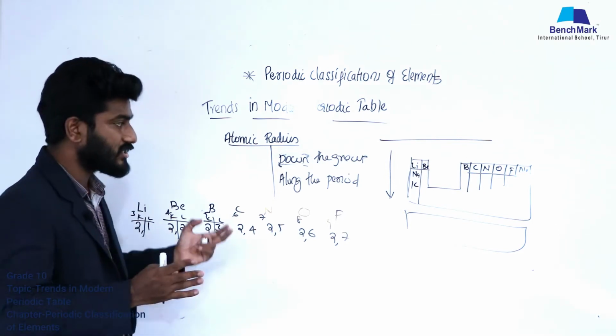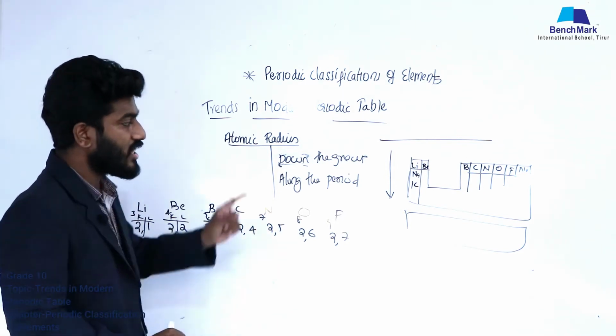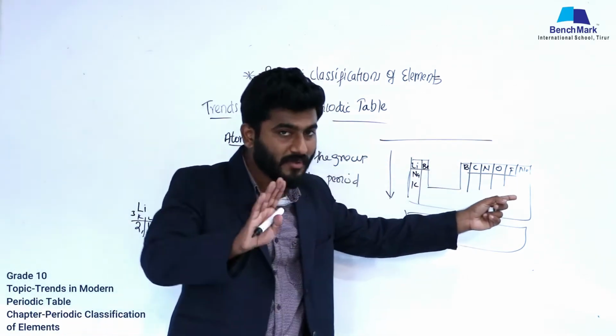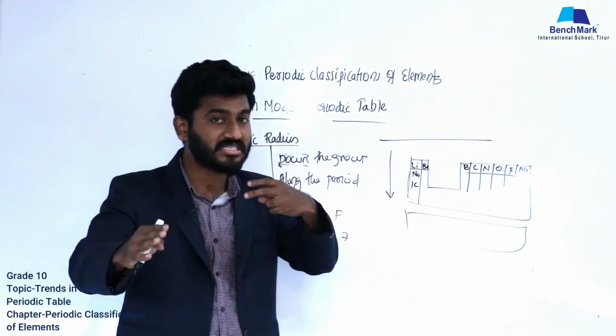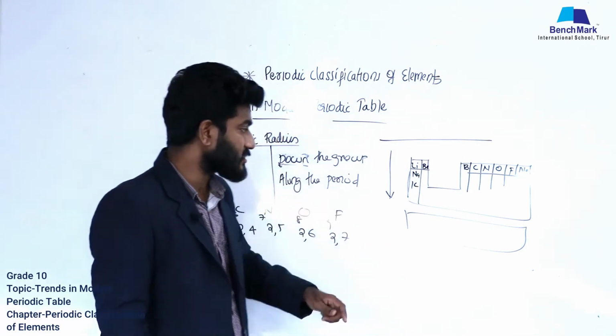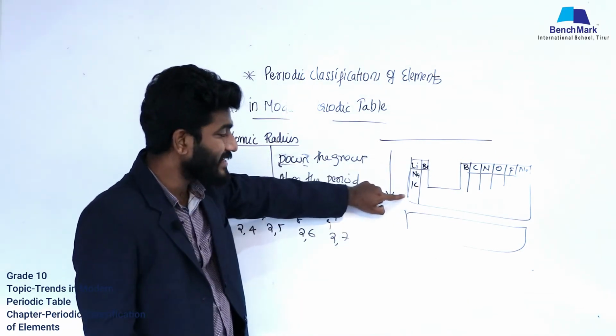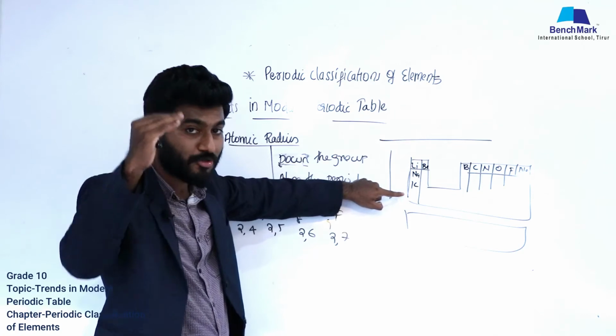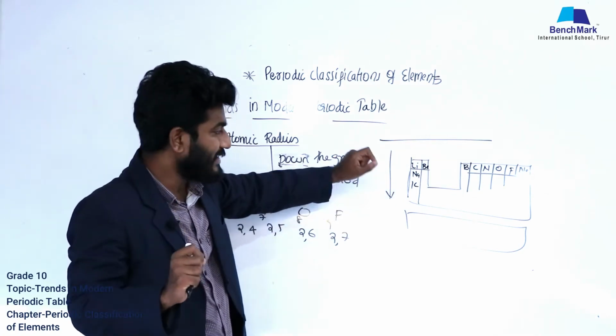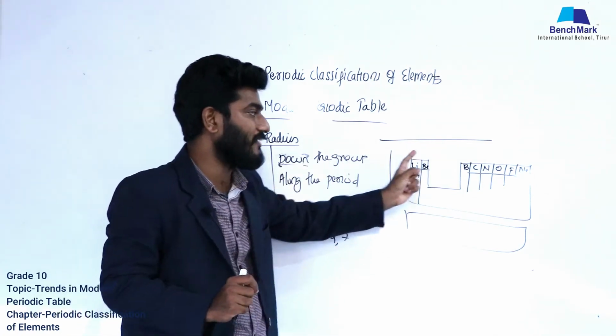You may say that atomic size will not change, because if you move from left to right, the number of shells is not increasing or decreasing. But in a group, the number of shells increases while you are moving from top to bottom. This is not the case when you move from left to right.